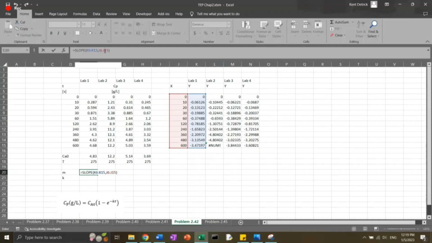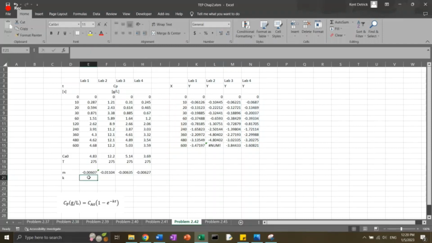The X column does not change for any of these, so we'll leave that there, and then we'll just drag that across for each of the labs. We'll have to change this one a little bit so it doesn't have the number error in it. And yep, those are all looking good.